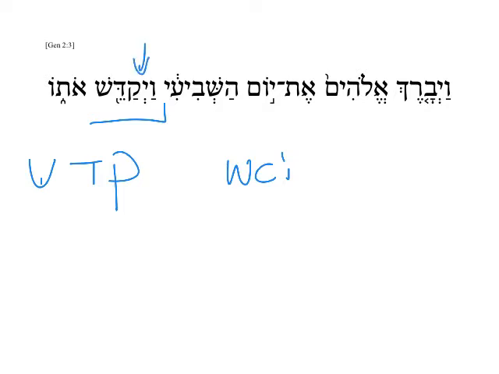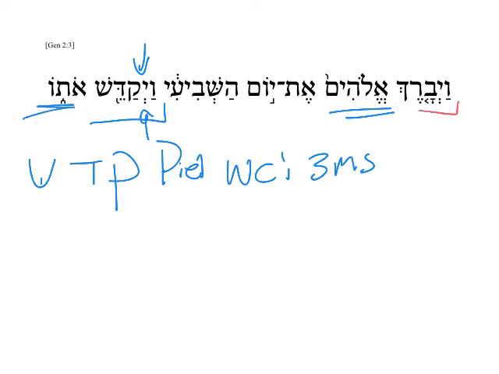We can also see, because of the yod prefix pronoun, this is third person masculine singular, thus agreeing with the subject here, Elohim. Now, what stem is it? Well, again, here we have the shva under the prefix pronoun, so that's telling us this is a Piel. So we have, and he made holy, or and he made it holy.